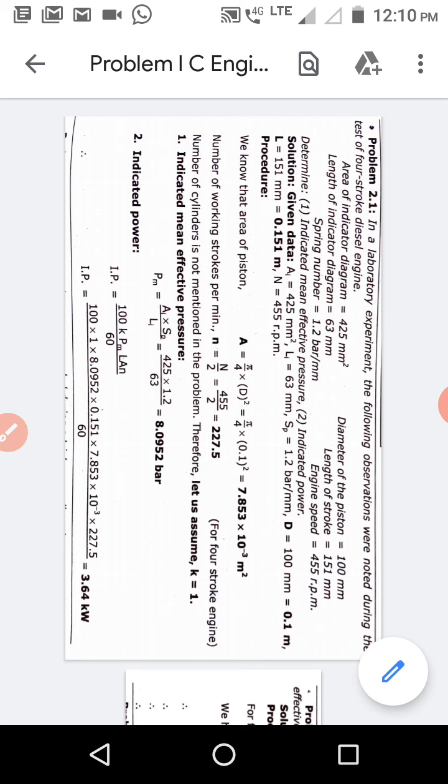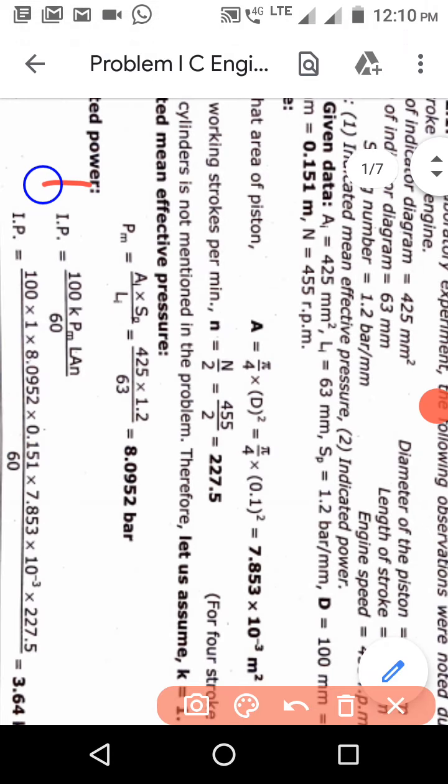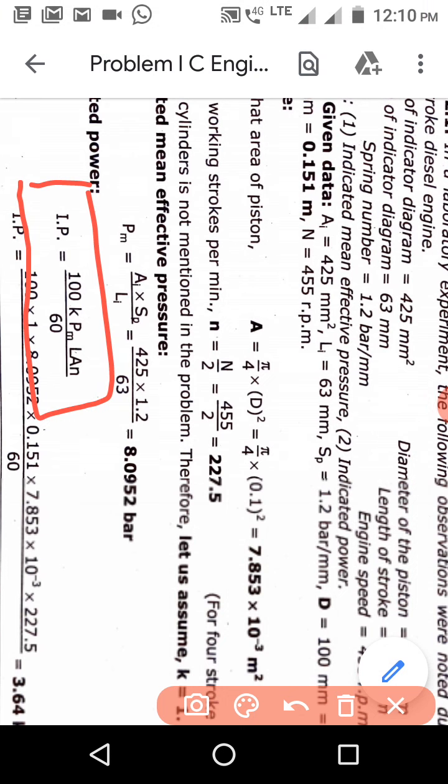And you have to differentiate the formula for indicated power when the mean effective pressure is given in bar. At that time you have to use this formula for calculating the indicated power, because in this formula the mean effective pressure is given in bar.